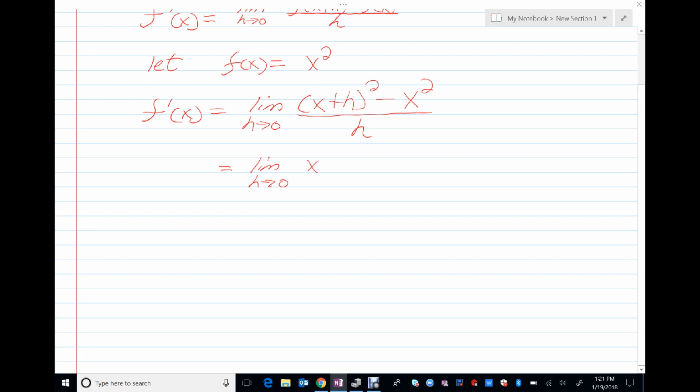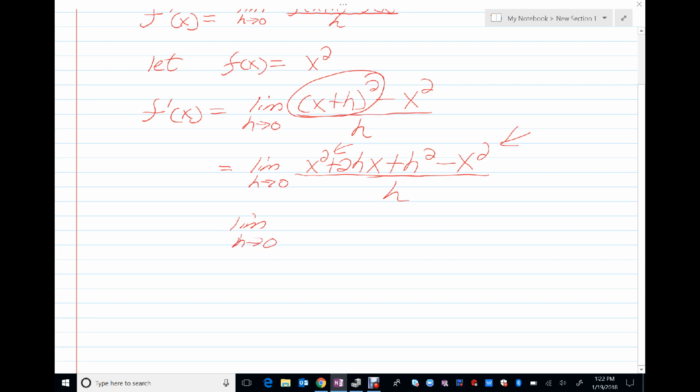giving us x squared plus 2hx plus h squared minus x squared. So this was just this, expanded out, and of course all of it over h. Now, notice I have a positive and a negative x squared which eliminate each other.